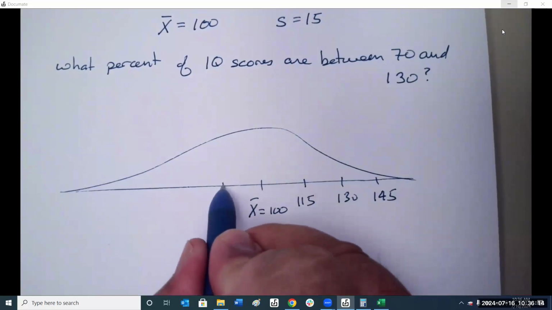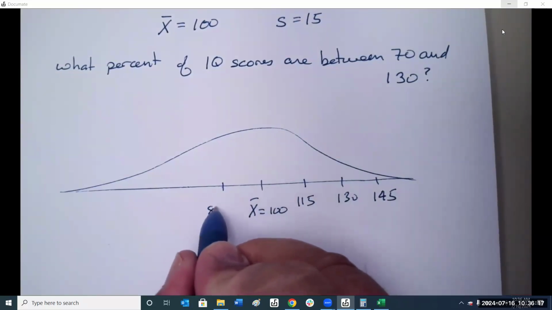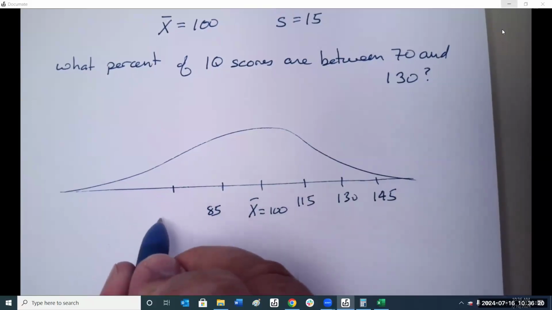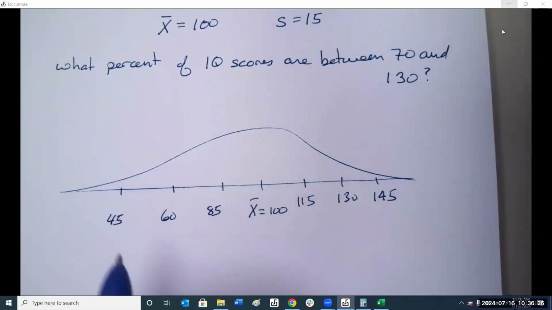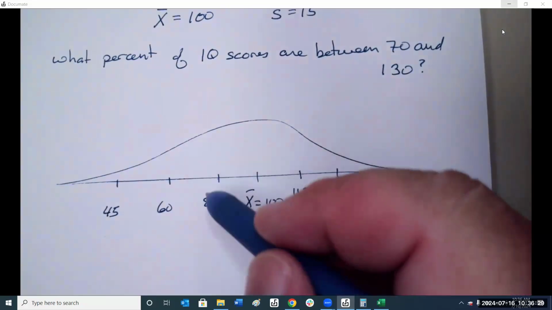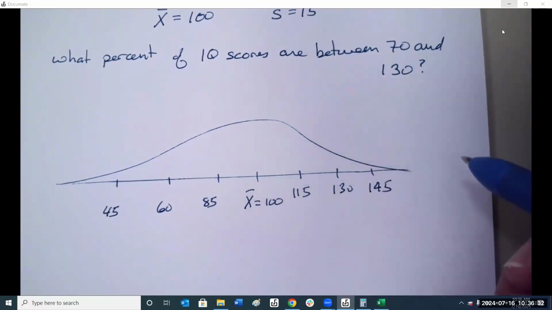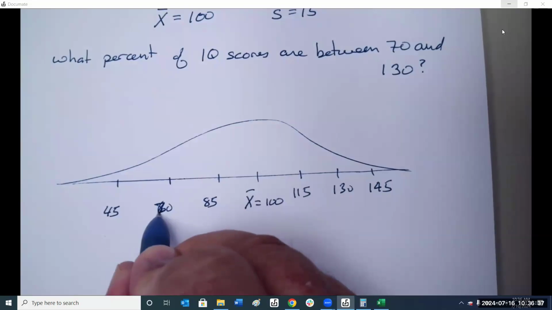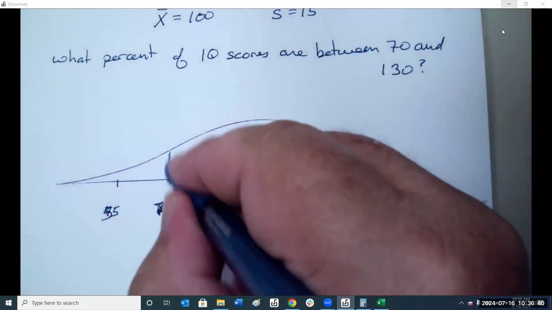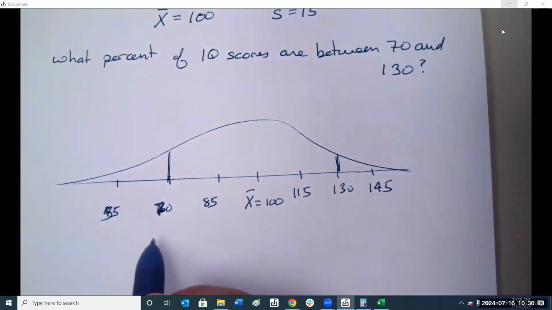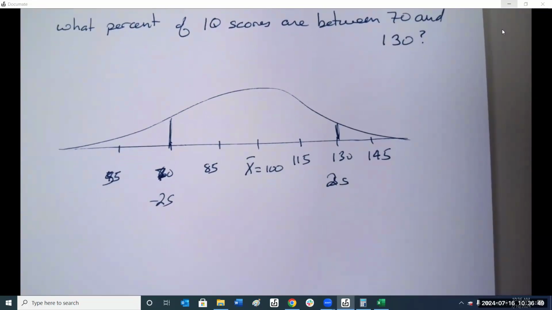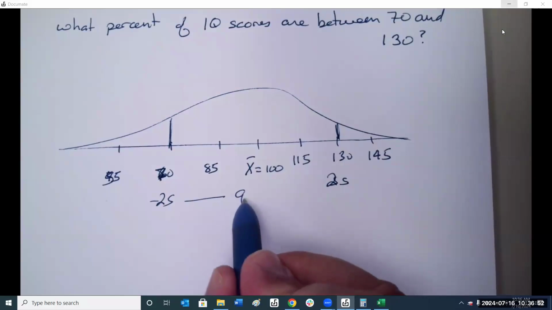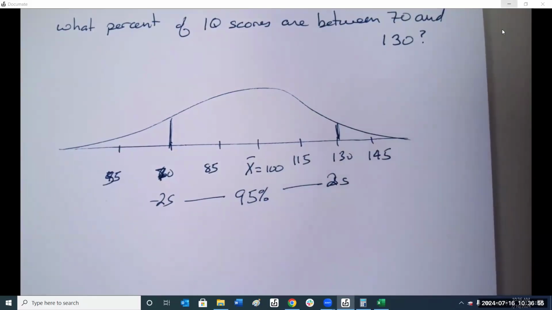And going backwards, we get 85, 70, and then 55. So between 70 and 130, that's 2 standard deviations, which means approximately 95% of the data falls between that.